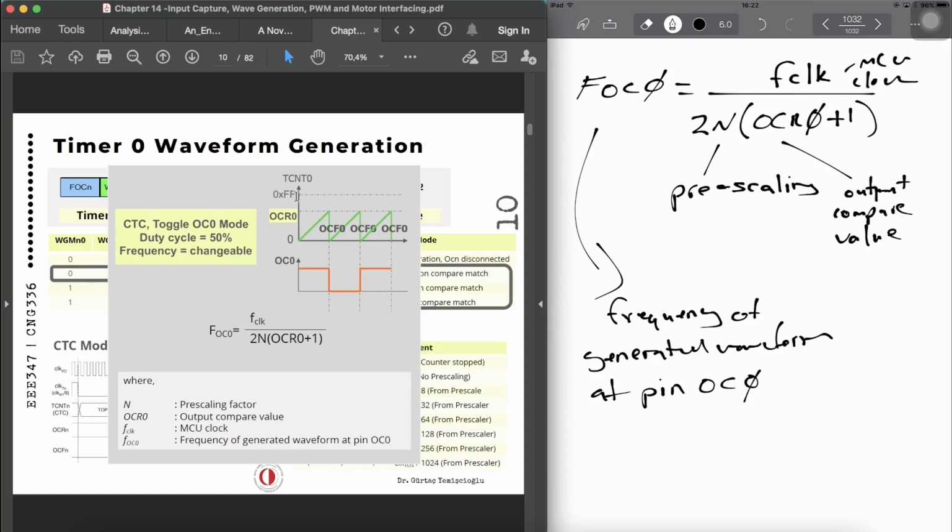If we look at the TCNT over here, we set the OCR0 to some particular value and the TCNT starts to count from 0 to OCR0. Whenever it matches, the compare match is done, so the OCFN flag will be high, then it returns to 0 and stays 0 until the next match, then it becomes 1 again and stays 1 until the next match, and it goes to 0 again. So this is the formula we have derived for timer 0 waveform generation.